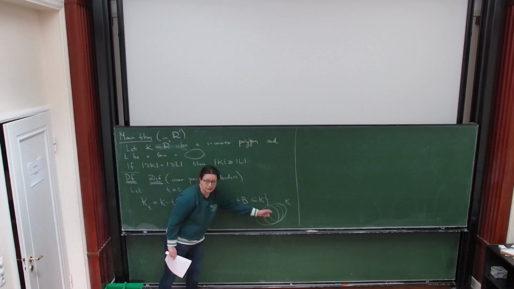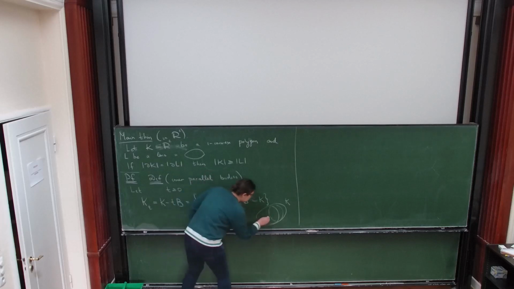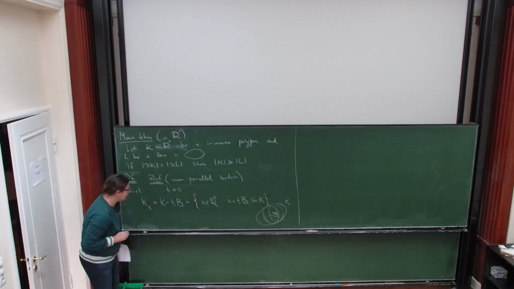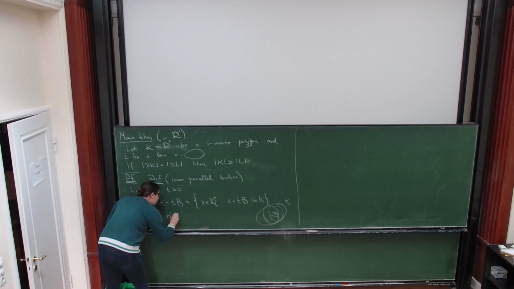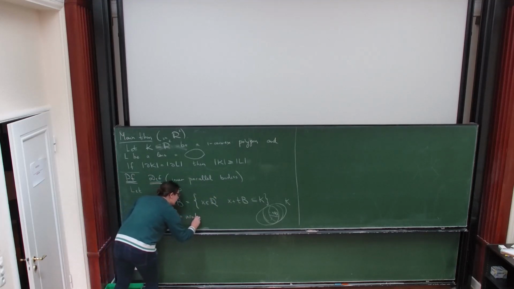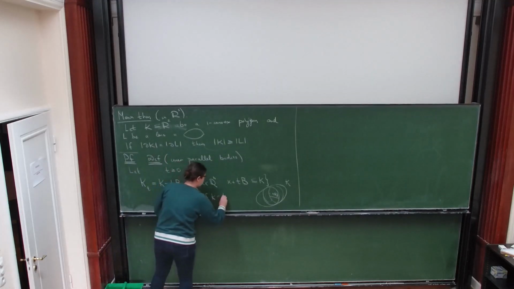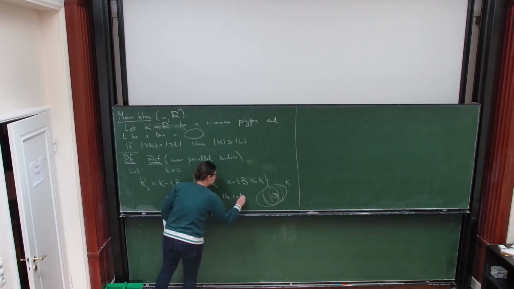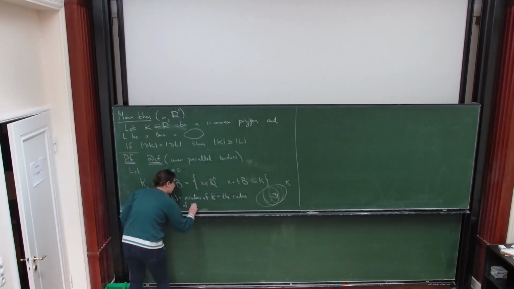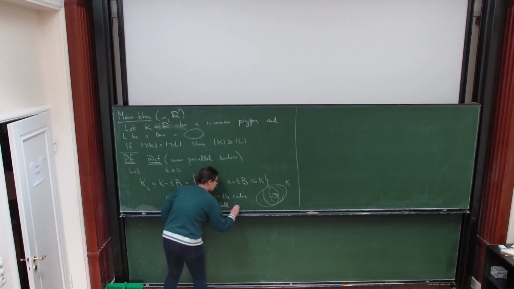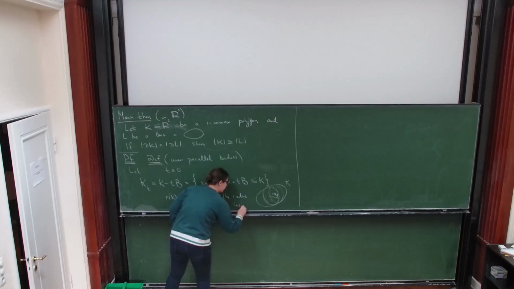I can choose the largest ball that I can fit inside the body K. And the radius of this largest ball is denoted by r of K, the inradius of K, which is the radius of the largest ball inside K.